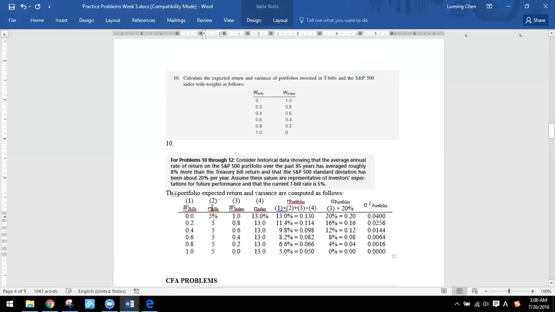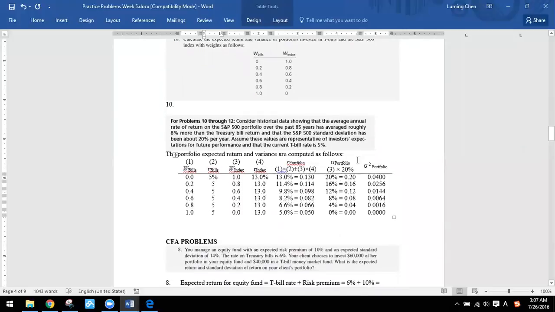So expected return is the weight times the expected return of each asset. And the standard deviation only comes from the S&P 500 because Treasury bill is a risk-free asset. It doesn't have any standard deviation. So the variance of the portfolio is the square of the standard deviation.